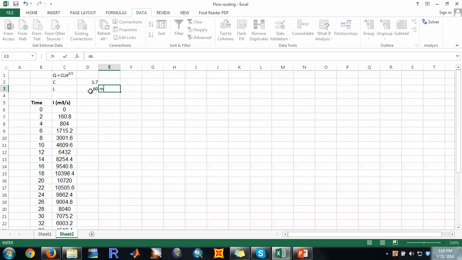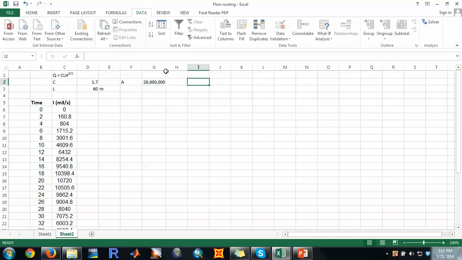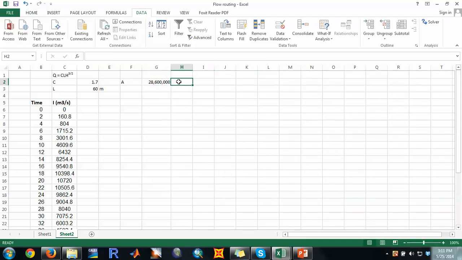The surface area of the reservoir at the crest of the spillway is given to be 28,600 cubic meters. Okay, this is the Q max in cubic meters, and this is our spillway equation.